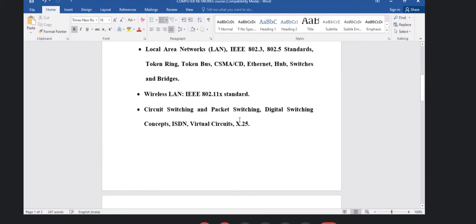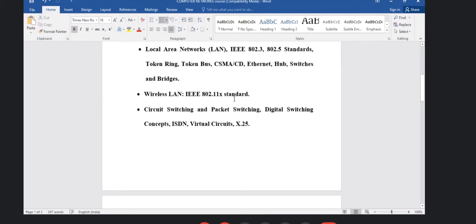Circuit switching and packet switching fall under wide area network, and this is local area network, and the network type is decided based on the area covered by the network. Now, the area covered by a local area network will be small, and for a wide area network it will be bigger.